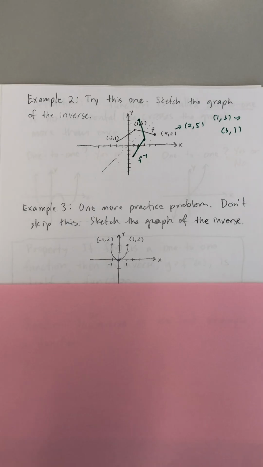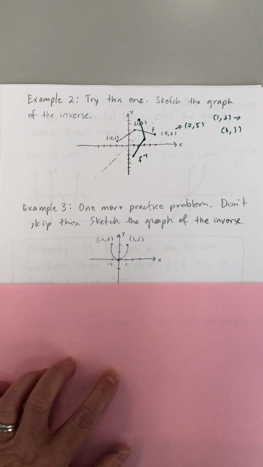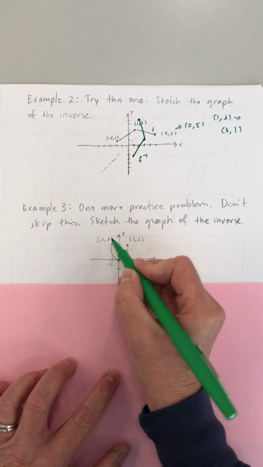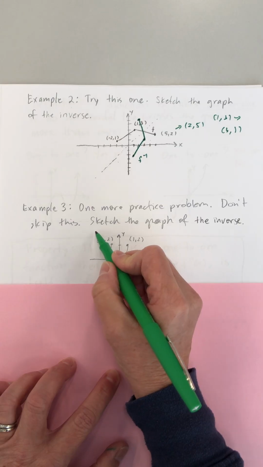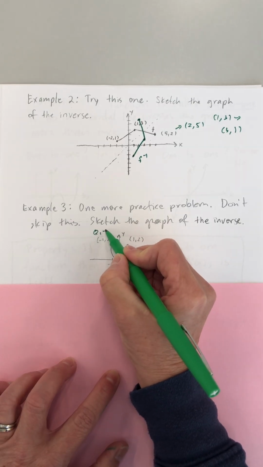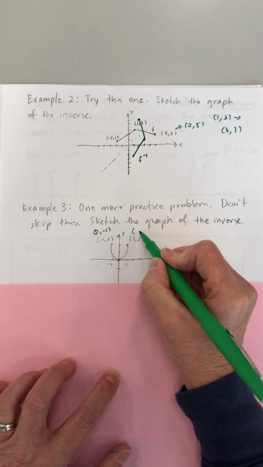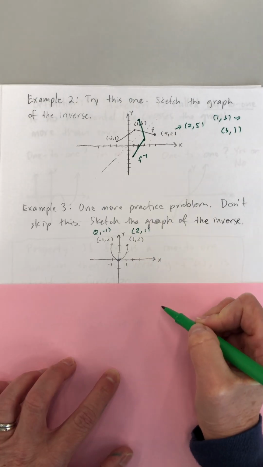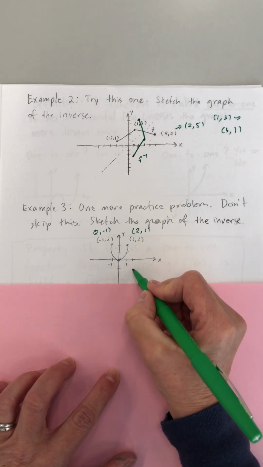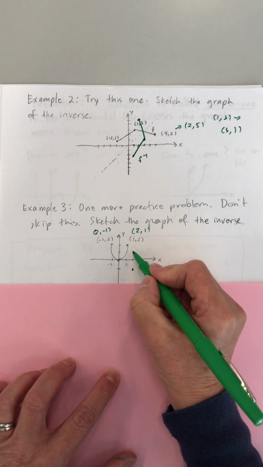This one's going to be an interesting one. Okay, so the point 2, negative 1 goes to the point negative 1, 2, and the point 2, 1 goes to the point 1, 2. So here I have 2, negative 1, and 2, positive 1.